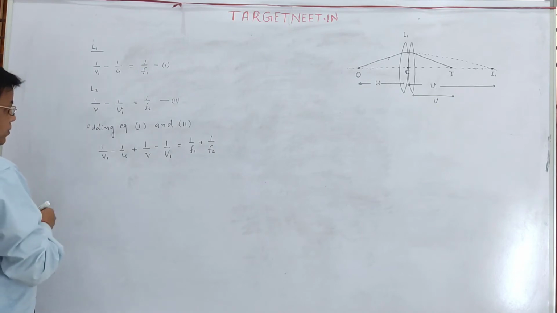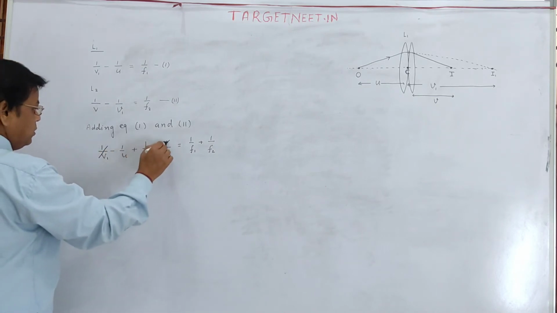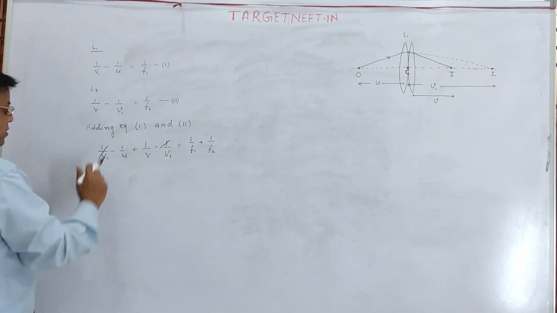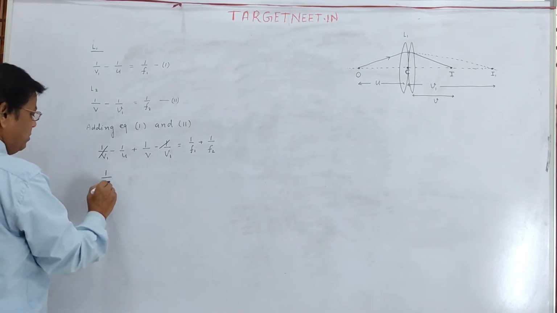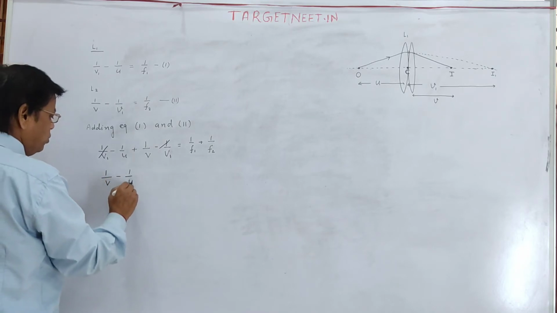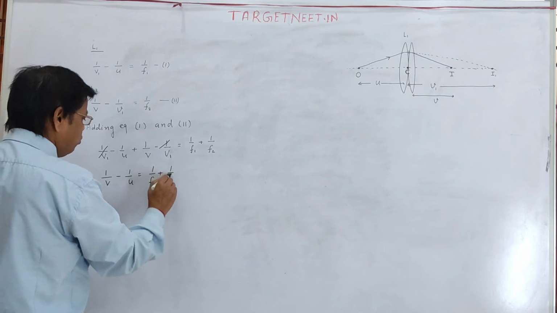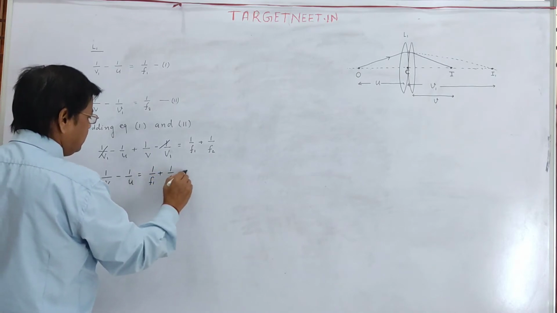Now this and this get cancelled. So I am writing first this minus this: 1 upon V minus 1 upon U is 1 upon F1 plus 1 upon F2. Let this equation be 3.